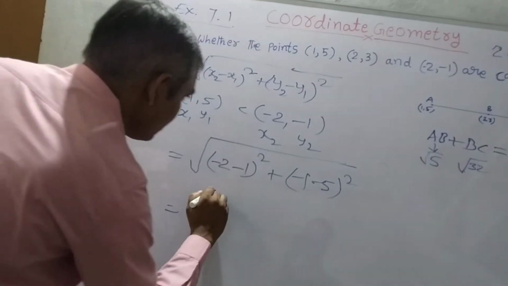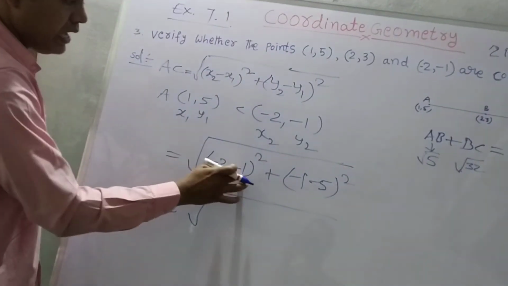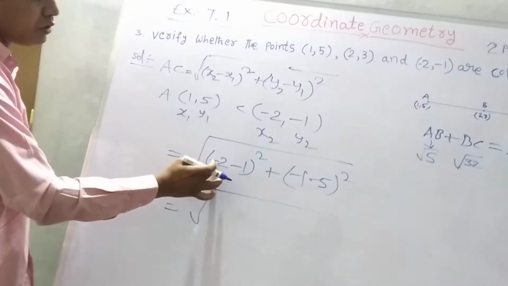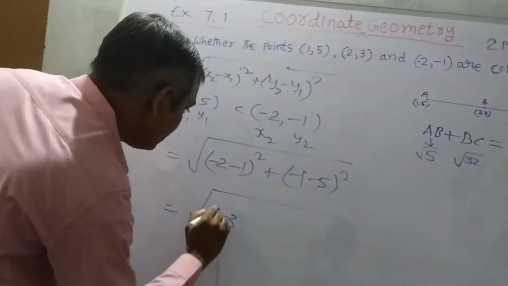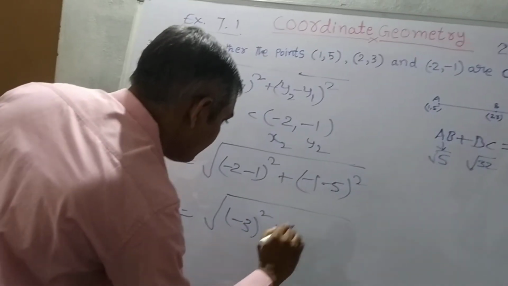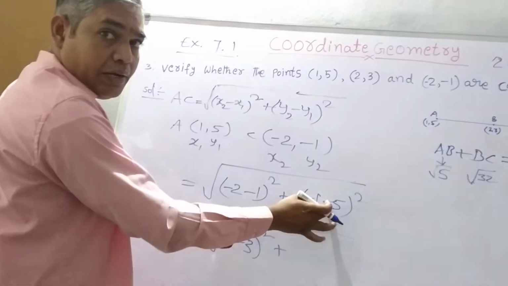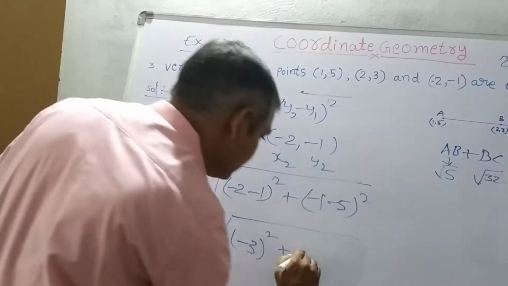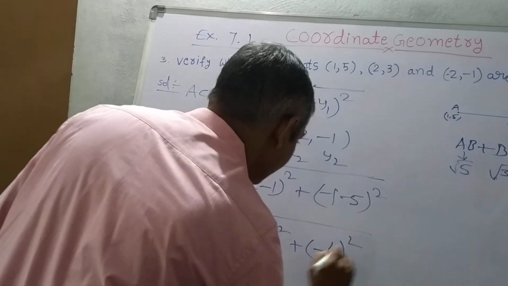Here the two numbers have the same negative symbol, that's why minus 2 minus 1 means minus 3 whole square, plus minus 1 minus 5 means minus 6 whole square.